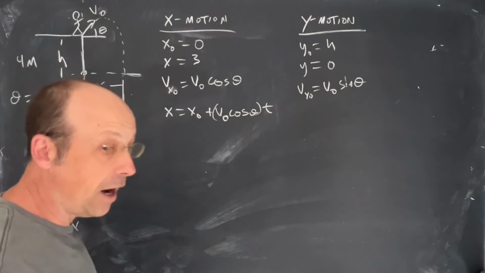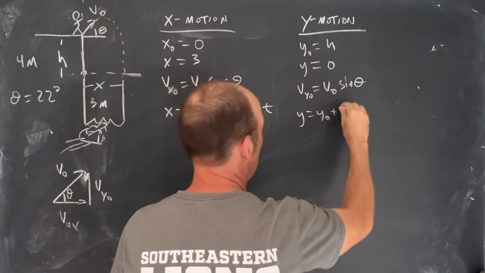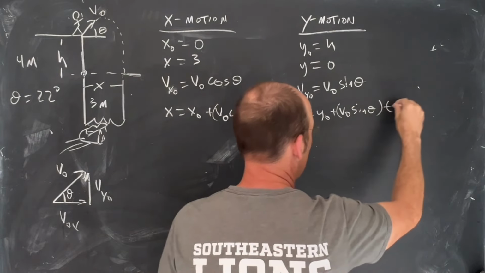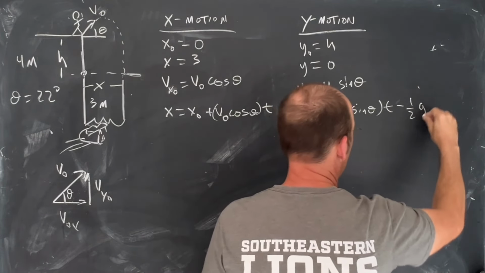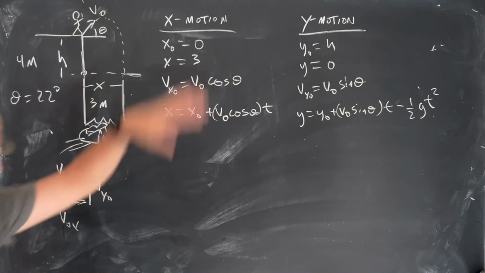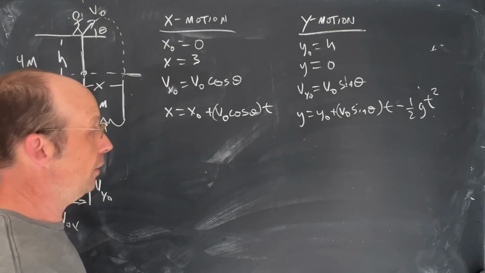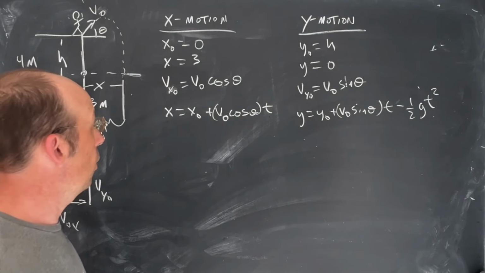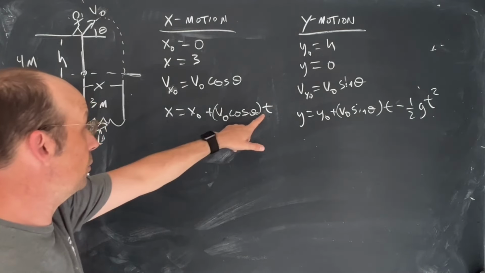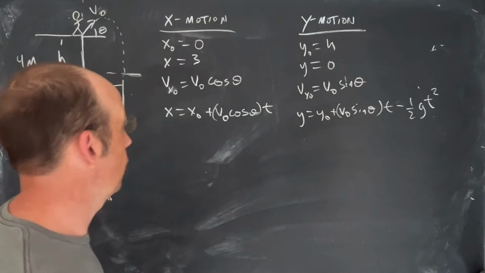So that gives me the following kinematic equation: y equals y0 plus v0 sine theta t minus 1/2 g t squared. Because remember, if you're in projectile motion, the acceleration in the vertical direction is negative g, where g is the gravitational field, 9.8. Okay, so I know some stuff, I don't know t, and I don't know v0.